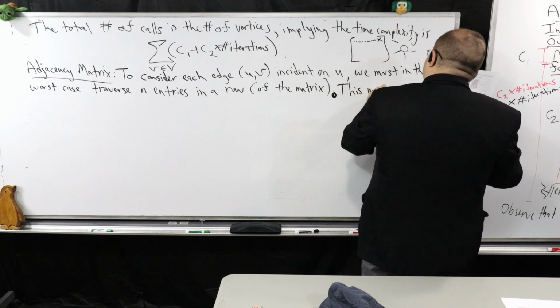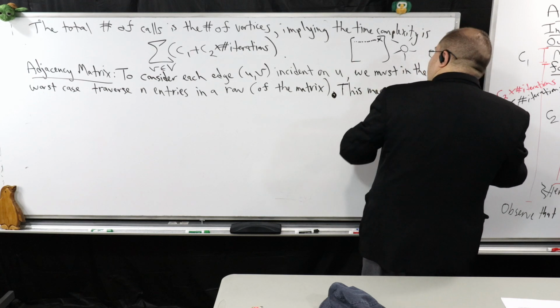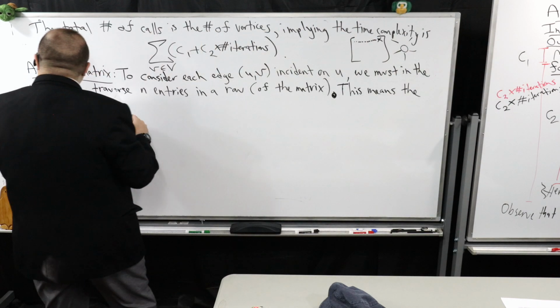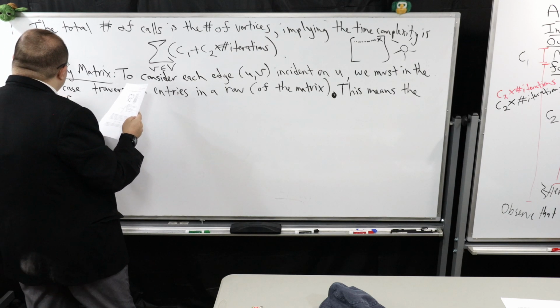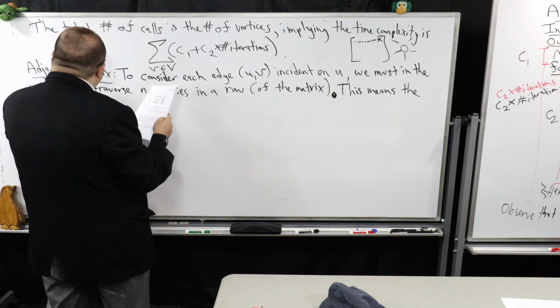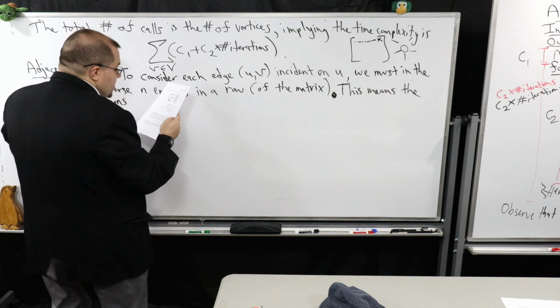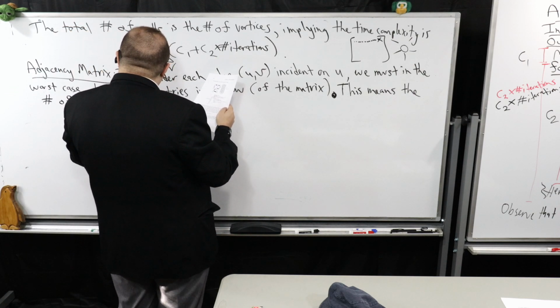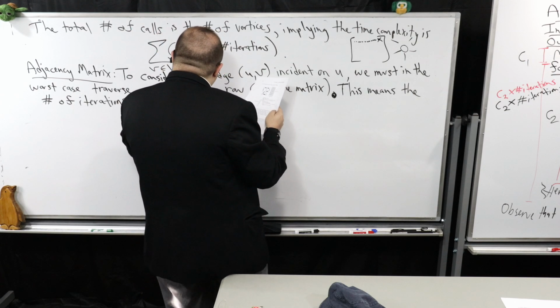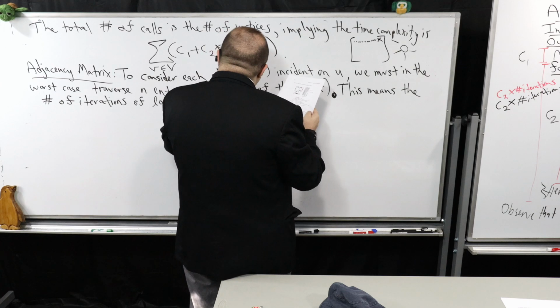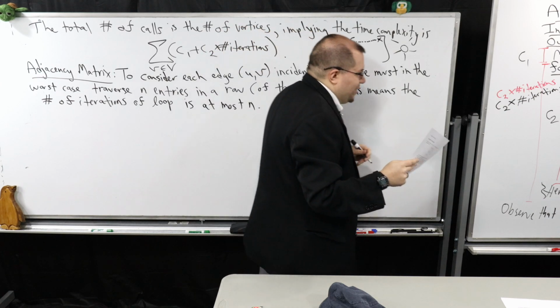This means the number of iterations of the loop is at most n. We know that in the very worst case, it's going to be n.